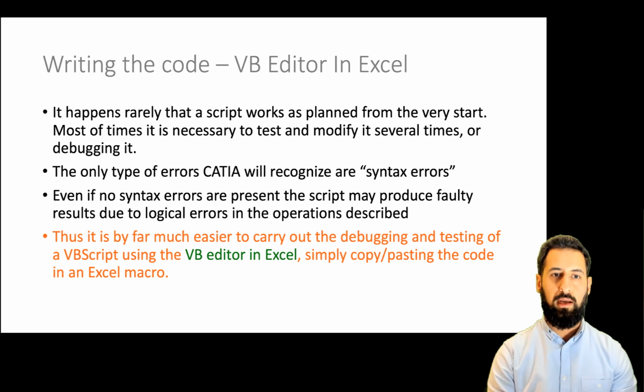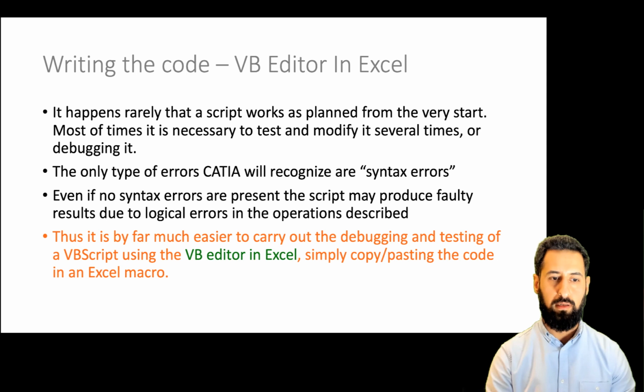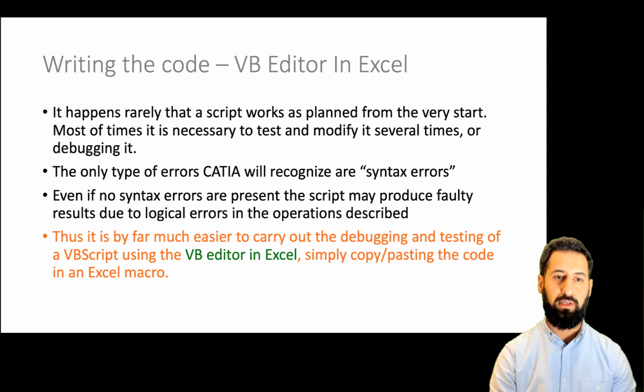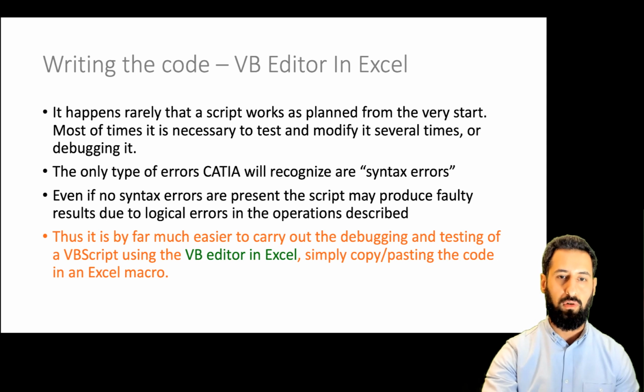Using the VB editor in Excel is much recommended, and that is because it's easy to use and it's much easier to debug your code when using Excel. When I'm showing my hands-on examples, you can see that I'm also using the VB editor in Excel. It's simply a very easy tool to use when you're testing your code.